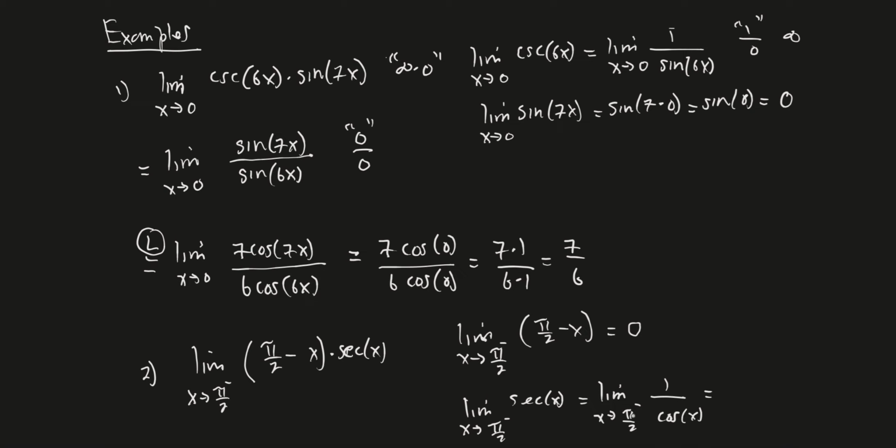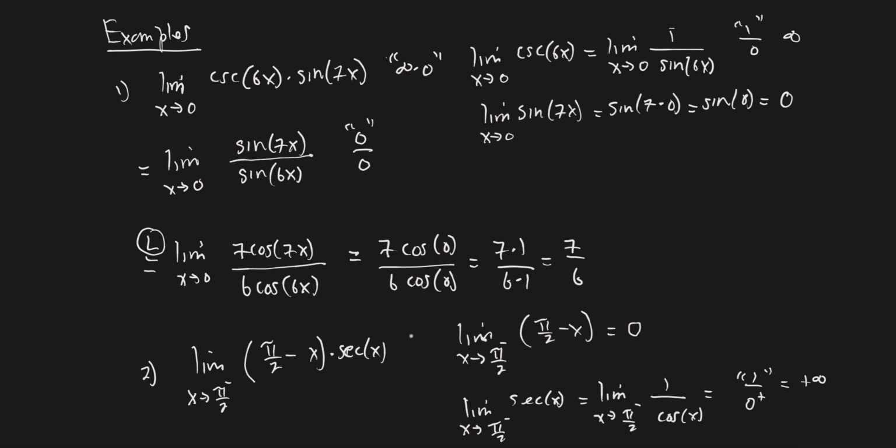Now what happens here? x is approaching pi over 2 from the left. That means you're just a little bit less than pi over 2, but really, really close. That means you're in the first quadrant. In the first quadrant, cosine is positive. But as you approach pi over 2, cosine approaches 0. So it's of our infinite limit form, 1 over 0 plus. So this is now positive infinity.